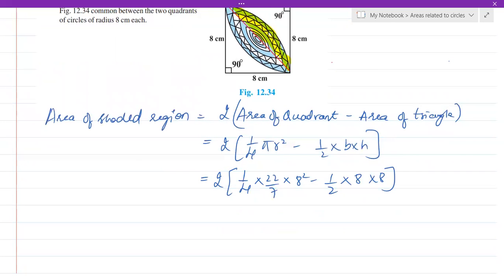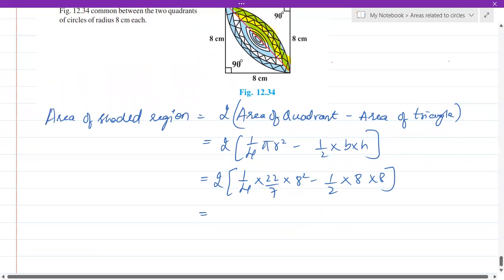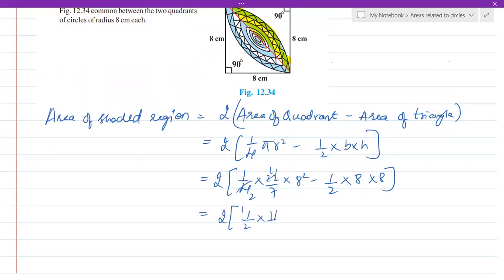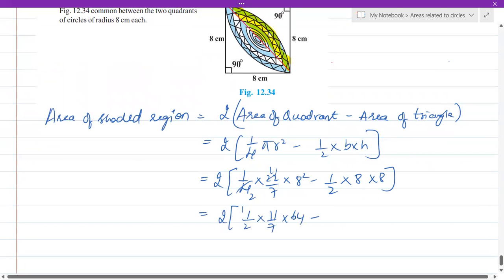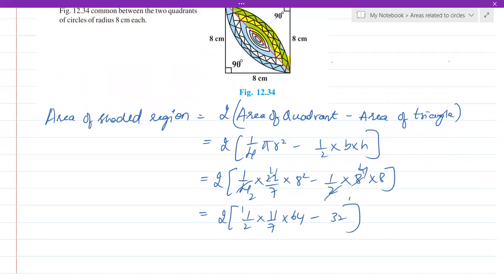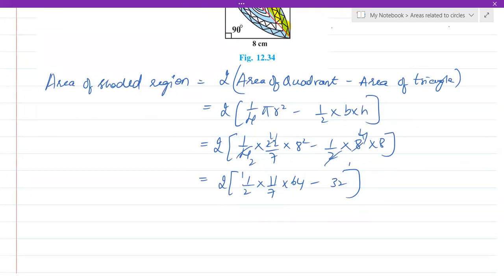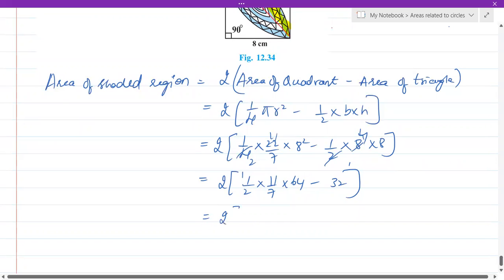So let's get into the calculation. So it becomes 2 into 1 by 4. Here you can cancel 2 2s are 2, 11s are. So 1 by 2 into 11 by 7 into 64 minus 2 1s are 2, 4s are 8, 4s are 32. So this becomes 2 as it is. Here you cancel 2 1s are 2, 8s are.